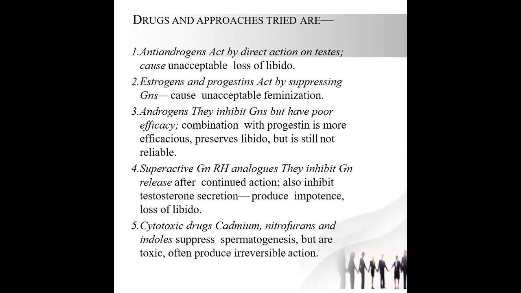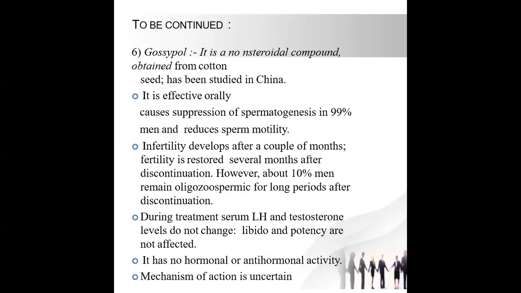Then there are certain cytotoxic drugs like cadmium, nitrofurans, and indoles, which suppress spermatogenesis but are toxic, often produce irreversible action. So it may also produce irreversible suppression of spermatogenesis, which is not a desired effect in the males.